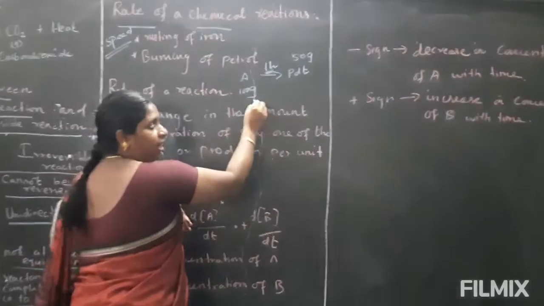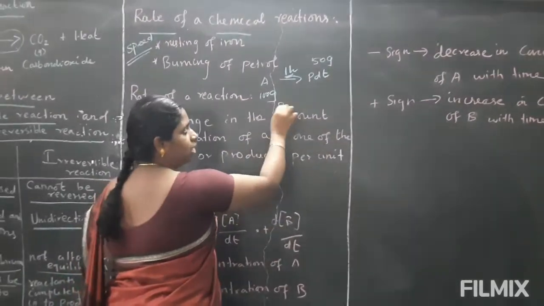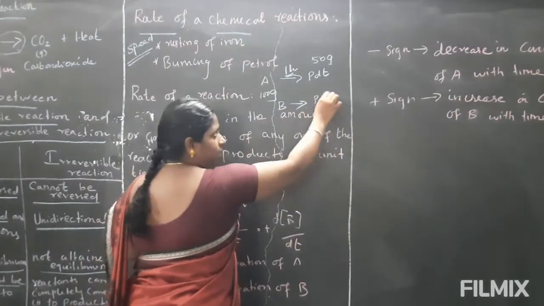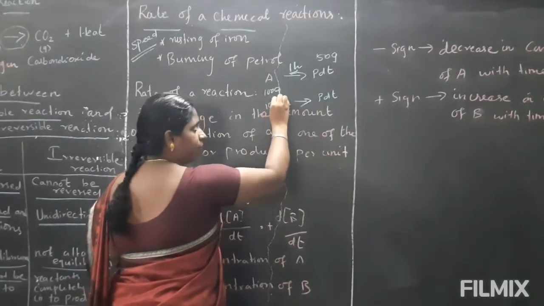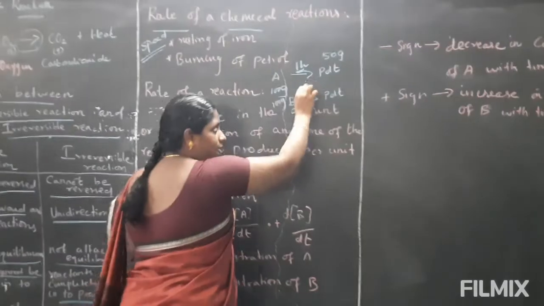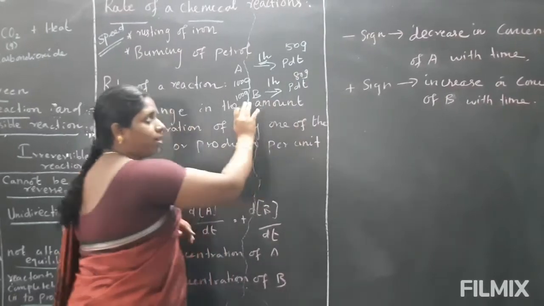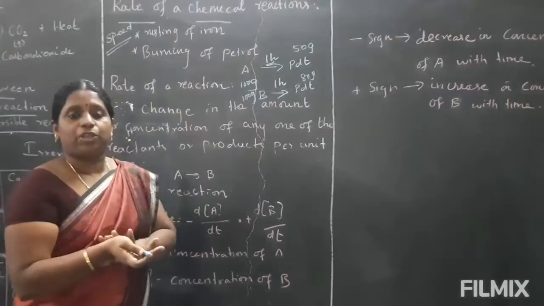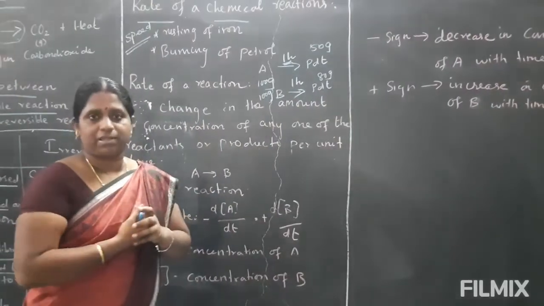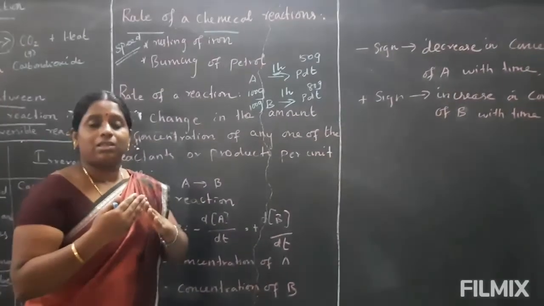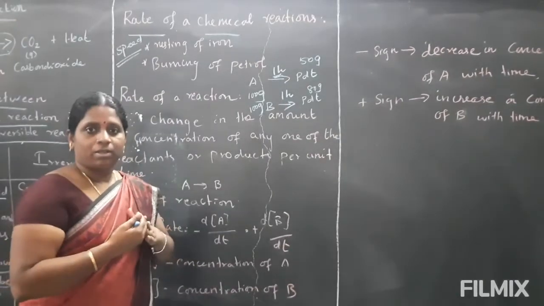I consider another reactant, B, which is converted into product. With the same 100 gram and the same 1 hour, 80 gram of the B reactant is converted into product. The remaining 20 gram is left out. So how do we compare which reactant is faster?